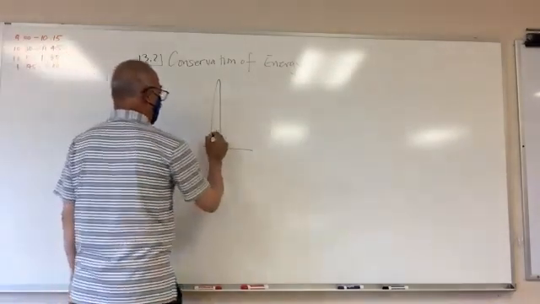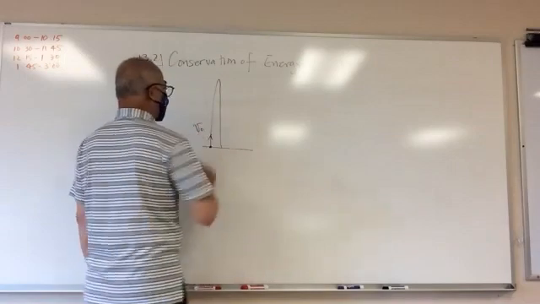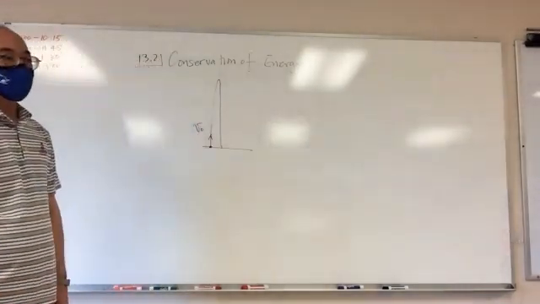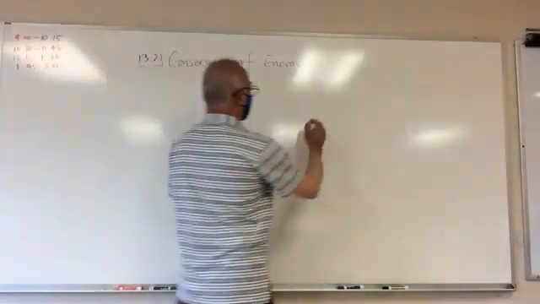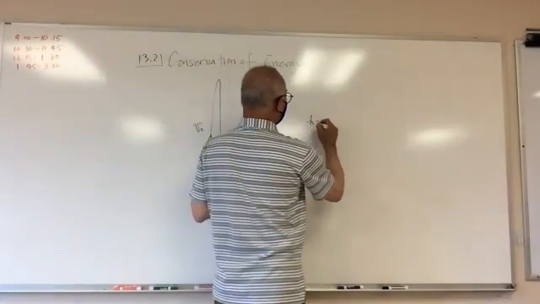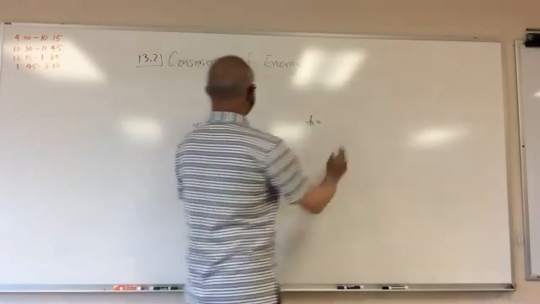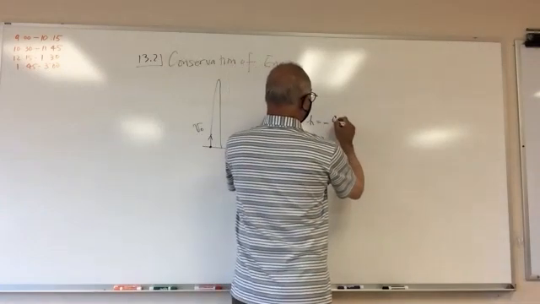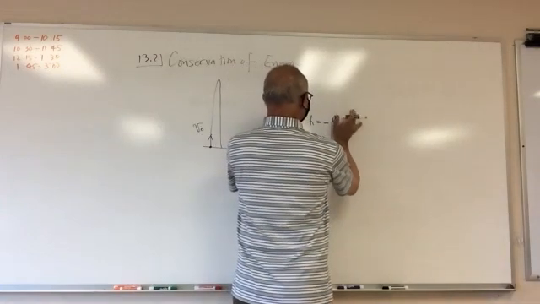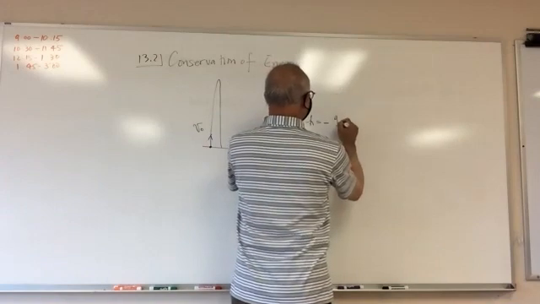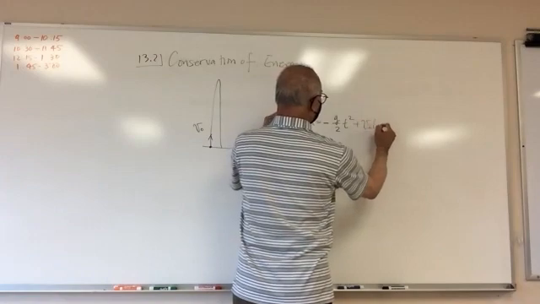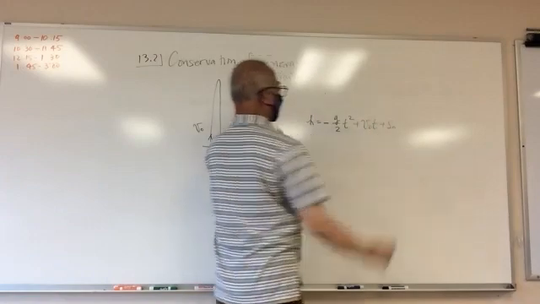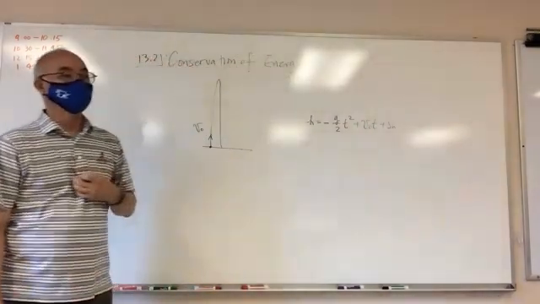If you had an initial velocity of V naught, the height at any given time, the equation was negative... Does this ring a bell? Physics. Remember that?